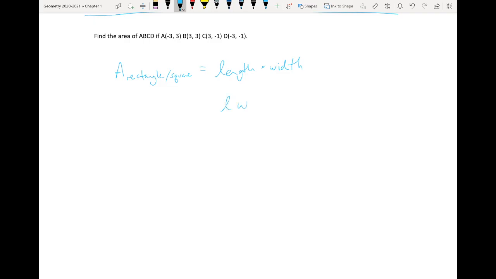And of course, for a square, length is equal to width, which means it's going to be length times length, or in other words, the side length squared.